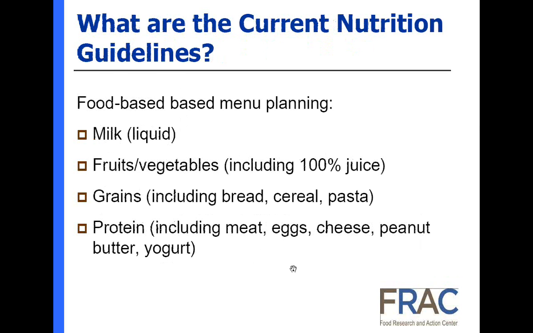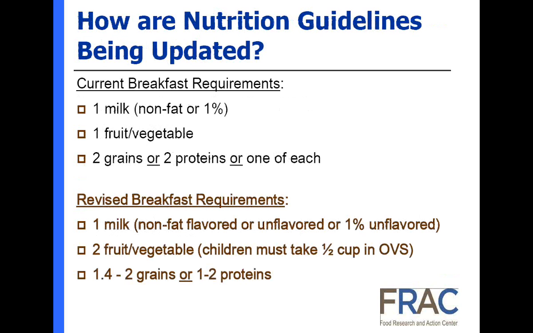On the next slide, I wanted to just go over briefly the nutrition guidelines. It's an interesting point because we're at a historic time where the federal government is updating the nutrition requirements for both breakfast and lunch. You can see on the next slide, I've juxtaposed the current requirement with the revised breakfast requirements.